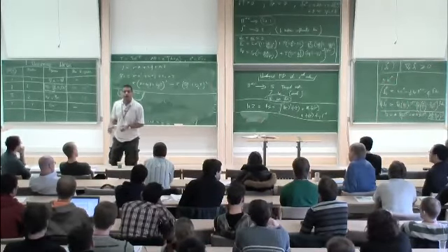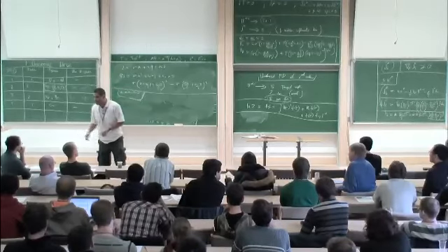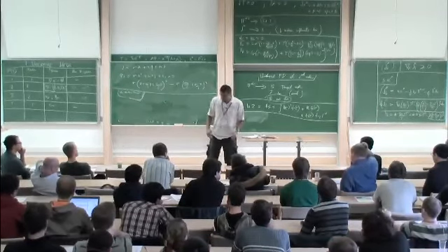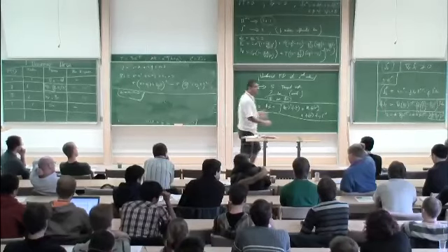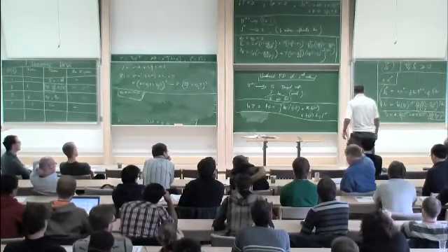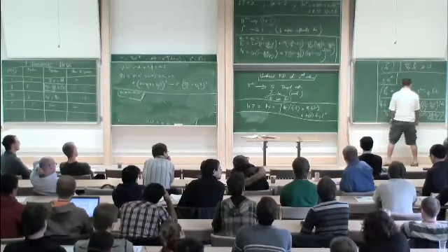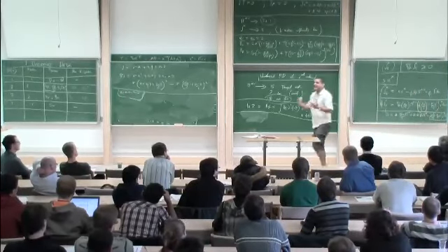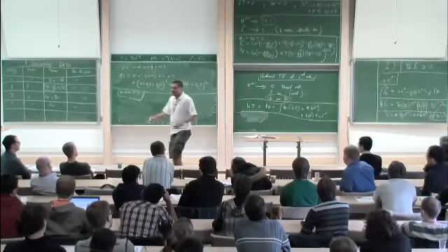So now, suppose we try to do better with this way of reasoning. Suppose we try to understand what happens for parity odd fluids. In particular, let's assume that there is a U1 cube anomaly in our system. Then we could try to do as Landau and Lifshitz suggested.